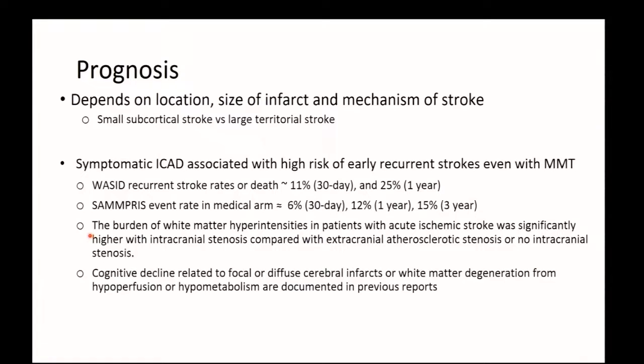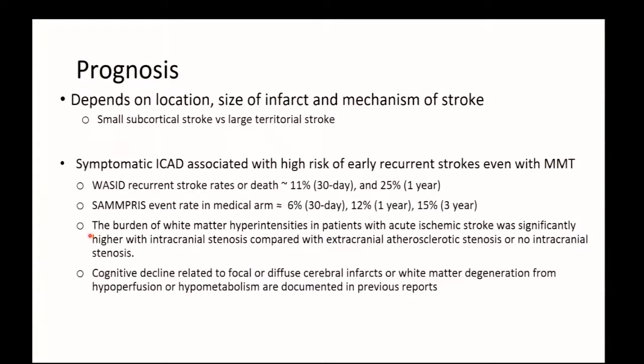And when we talk about outcomes in these trials, we're talking about measurable outcomes, the NIH stroke scale. But there's several data looking at the burden of white matter hyperintensities, looking at cognitive decline, unmeasurable neurological deficits, and the classic neurological examination. The burden of white matter hyperintensities was significantly higher in patients with ICAD compared to patients with extracranial atherosclerosis or no ICAD.